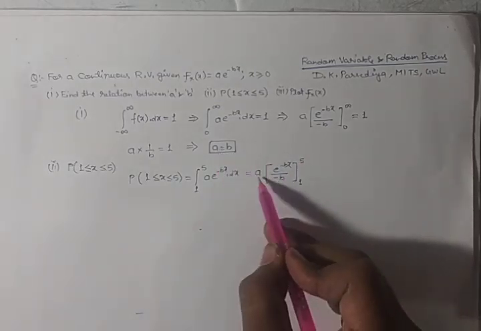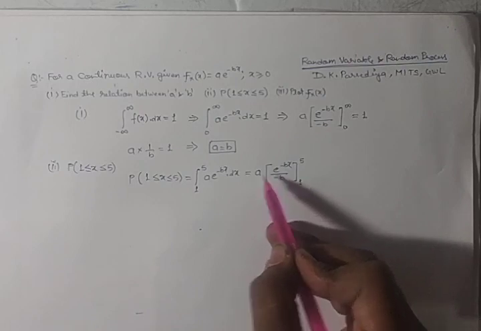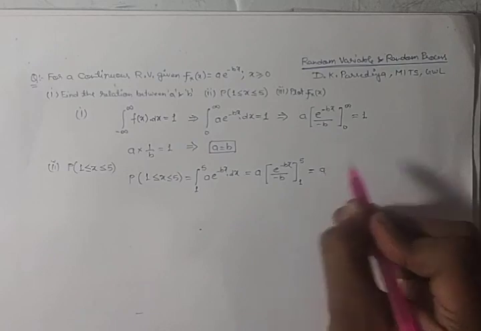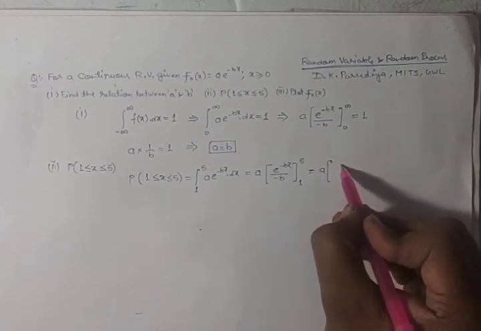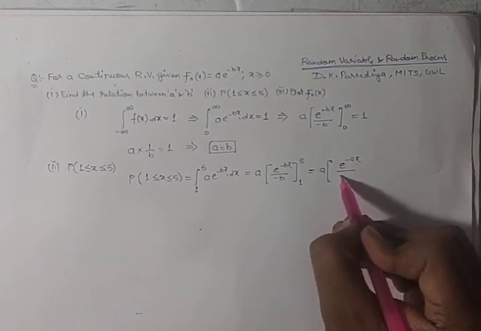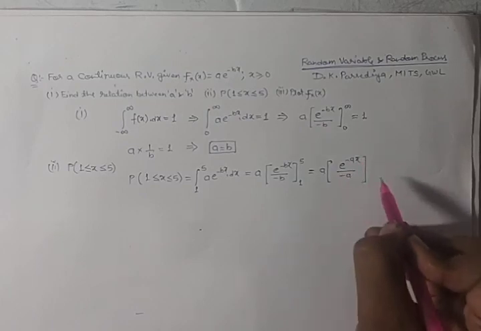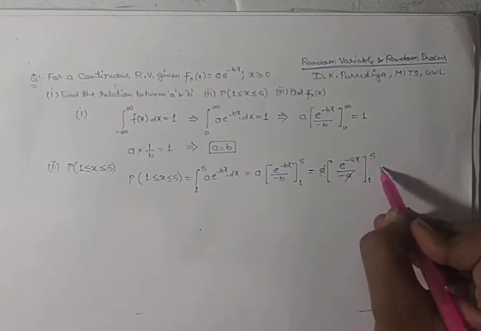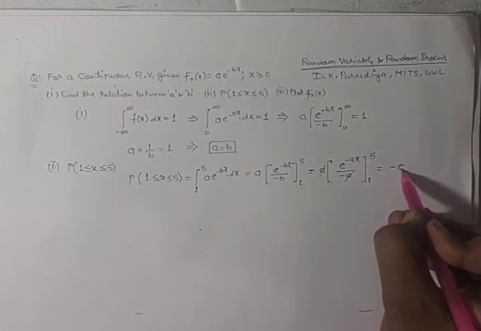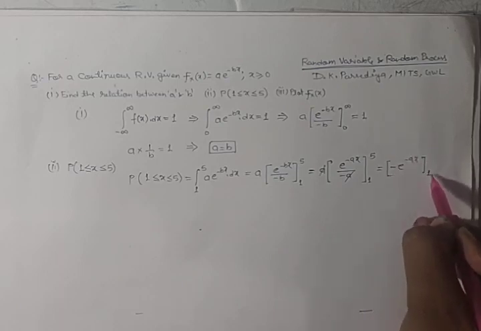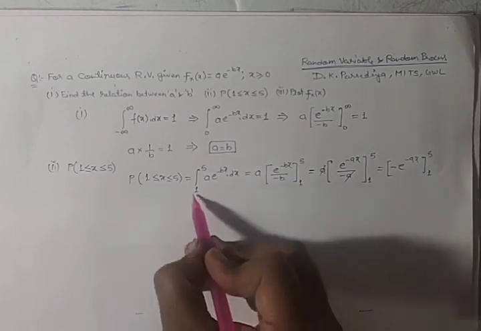And now we know that a is equal to b. So either we can substitute this a as b, or we can substitute this b as a. I am substituting b as a. So this is a, e to the power minus ax upon minus a, so this cancels out. We will have minus e to the power minus ax for 1 to 5.